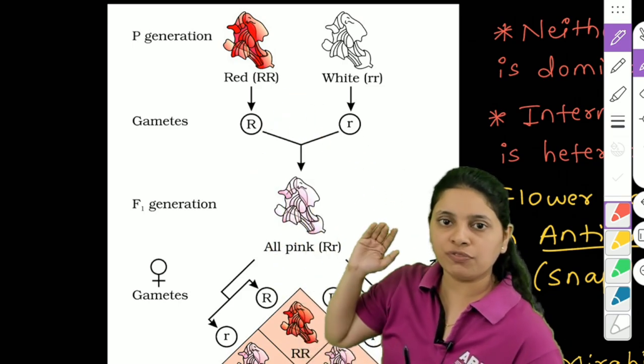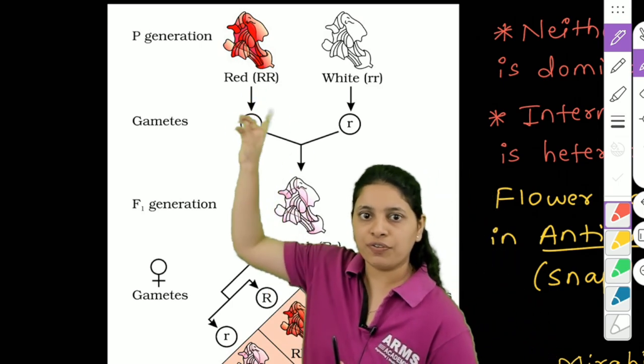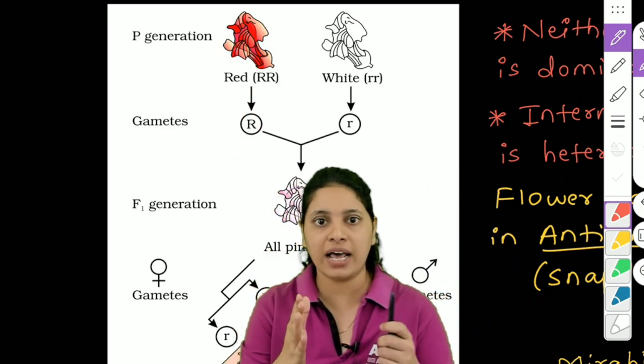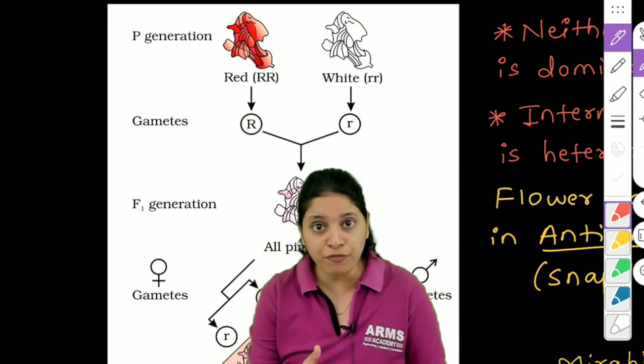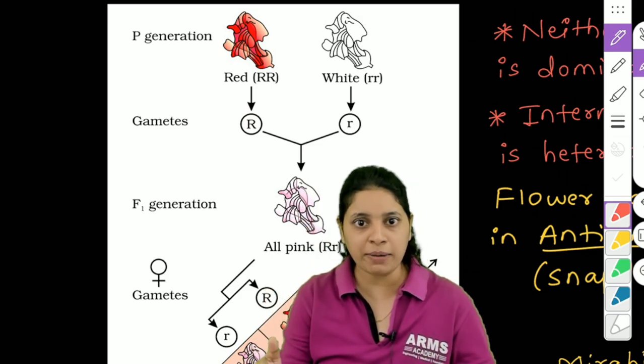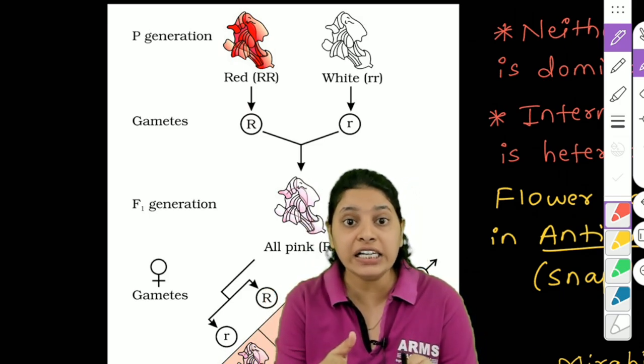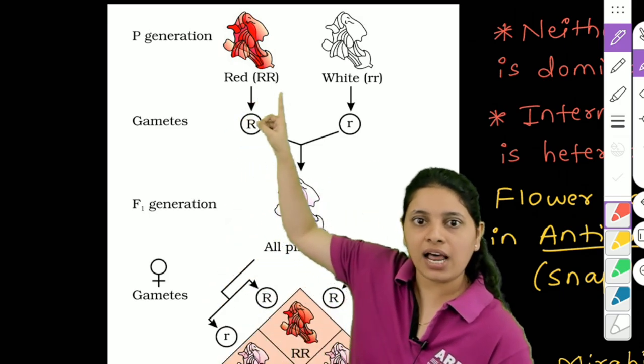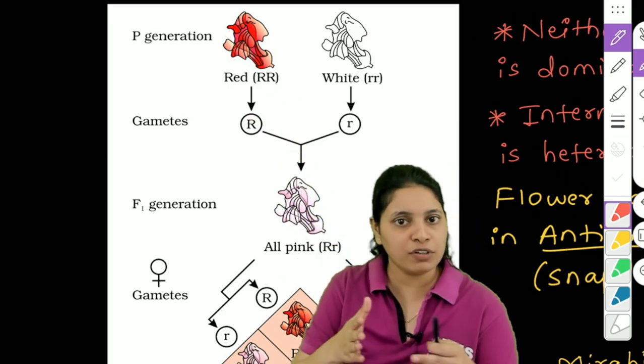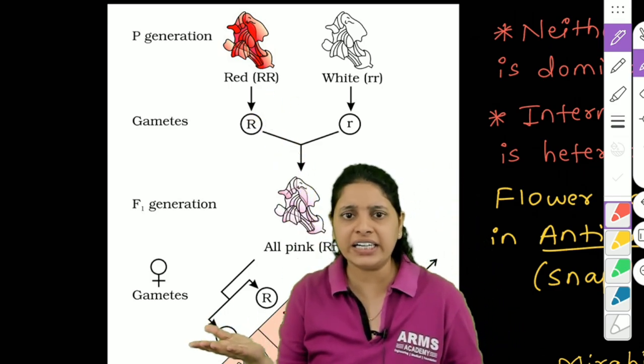Both these plants will form gametes. This first plant has the genotype capital R capital R, and during gamete formation, the chromosomes separate and hence the alleles also separate. So this capital R and this second capital R will also separate. But this will not create any difference, right?